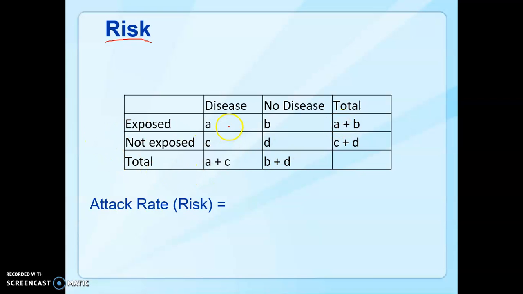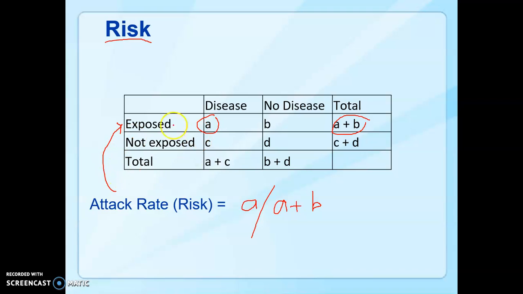For example, kani si A over the total number of exposed. So risk is also called attack rate. So risk is equals to A over A plus B. This is the attack rate for the exposed lang.